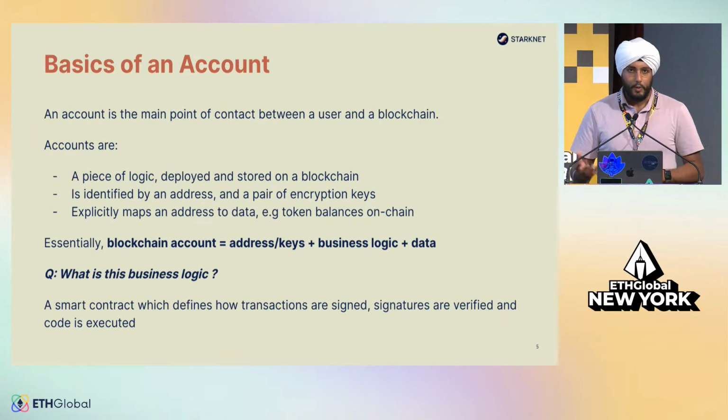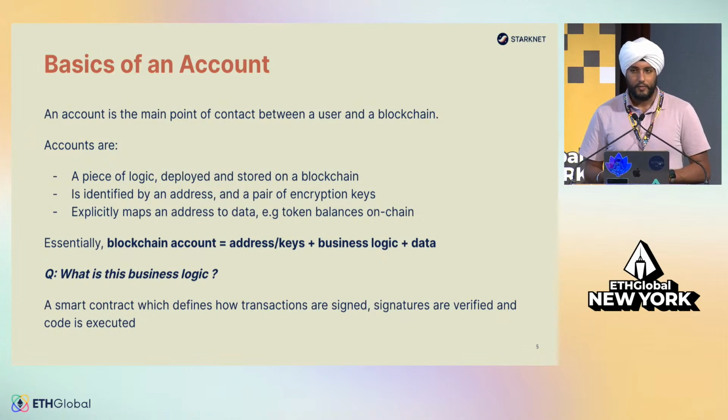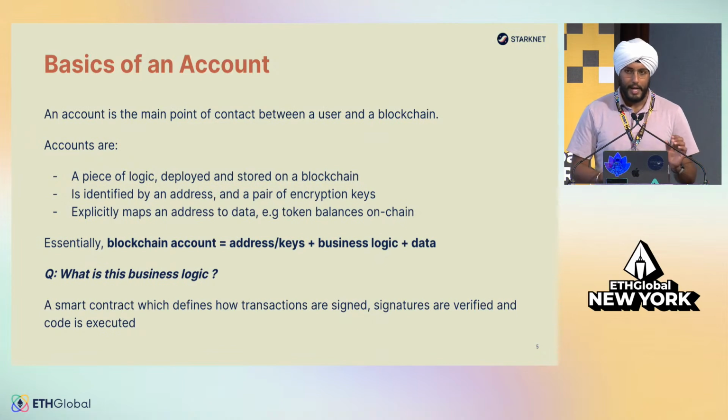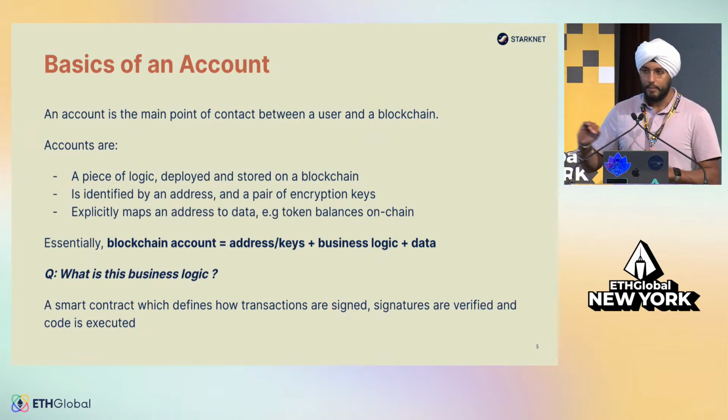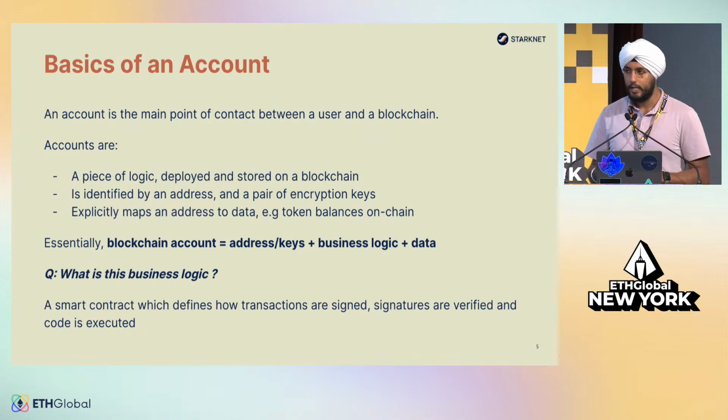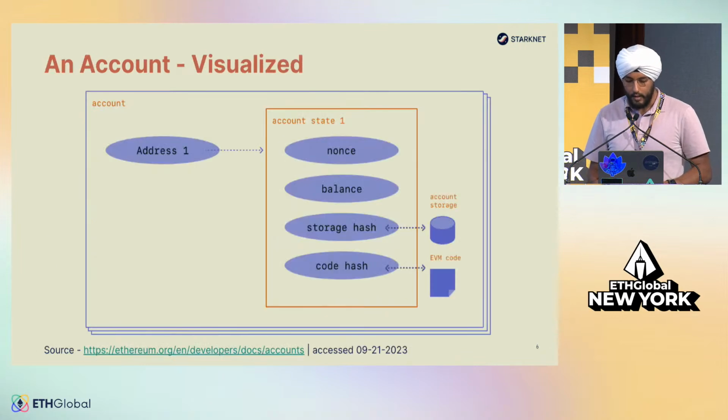Now, the whole idea of account abstraction, for those of you who haven't heard this phrase before, is unlike Ethereum, where these three things come bundled in a package, you're able to separate your addresses and keys from the business logic and data and actually write your own accounts as smart contracts and associate them with a certain address or a certain set of keys. And that allows you to create heavily customized accounts. So I hope everyone's familiar with the idea so far.